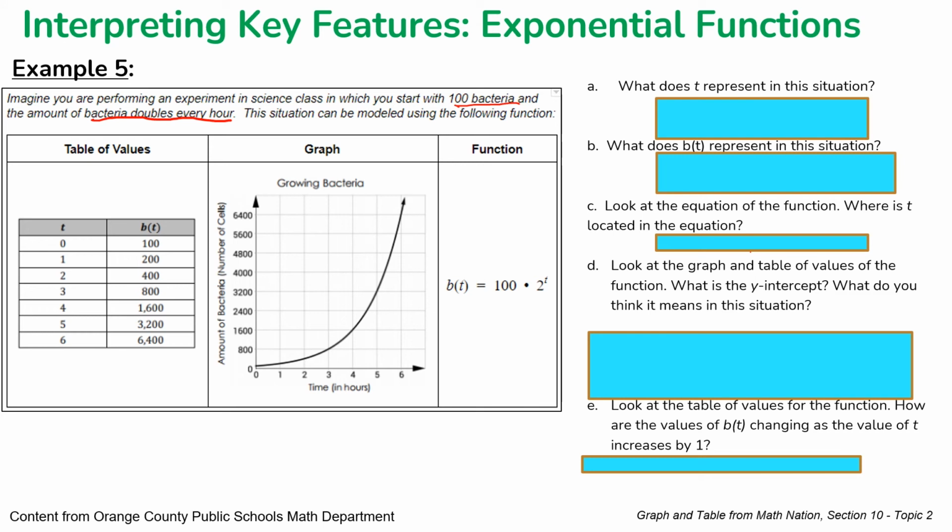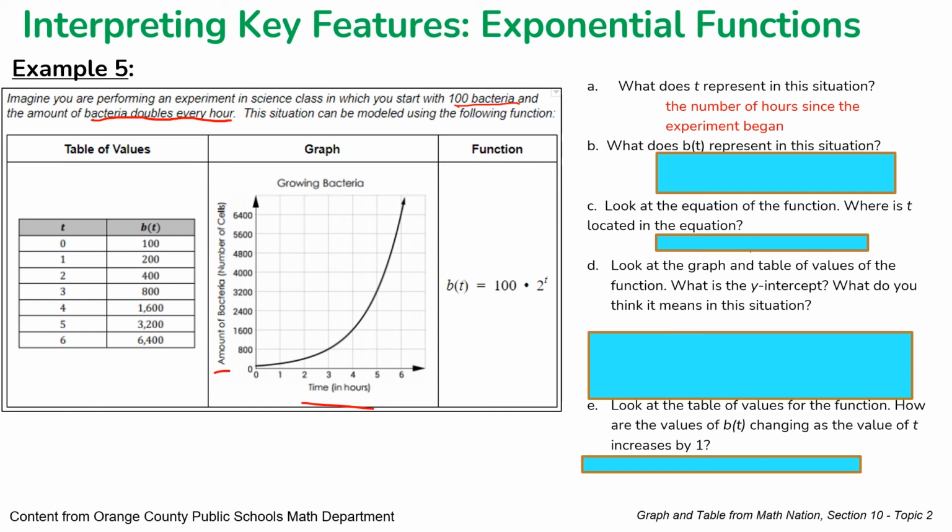So number A. A, it says, what does T represent in the situation? So what do you think T represents? We have hours, and we have the amount of bacteria. So hours, that is the number of hours since the experiment began.